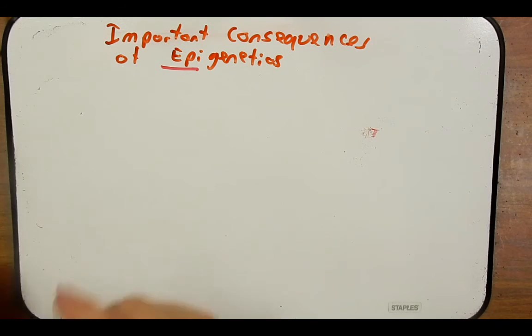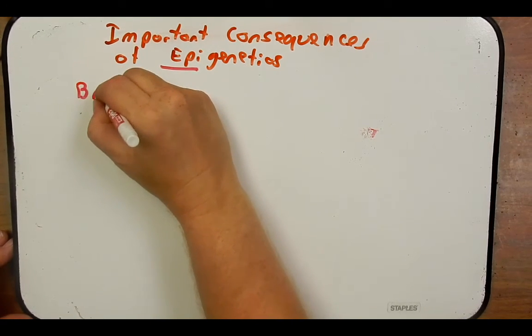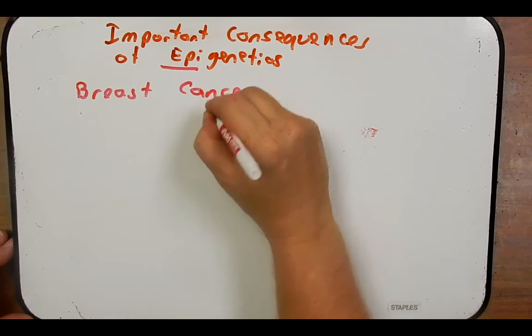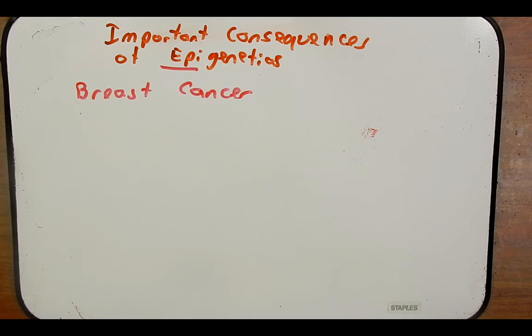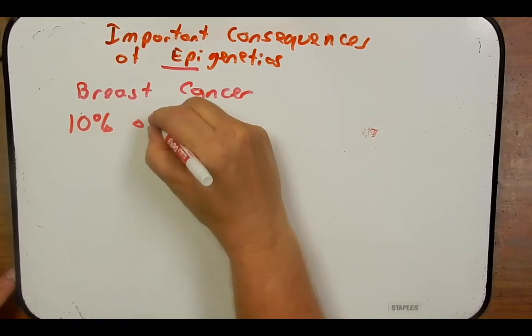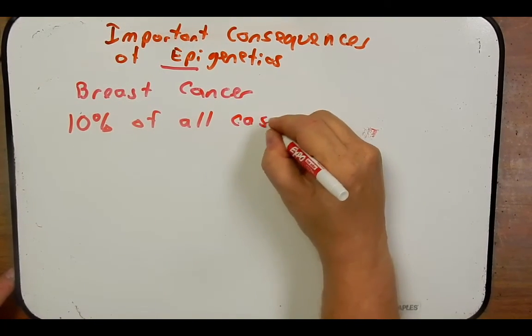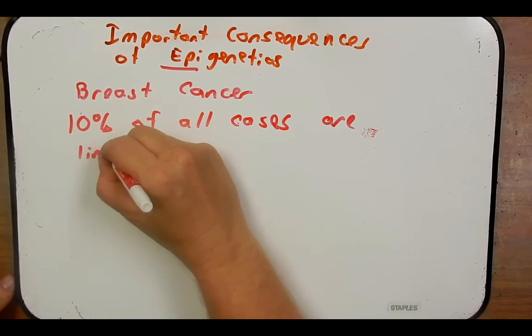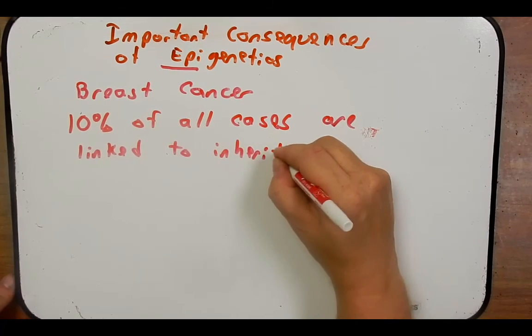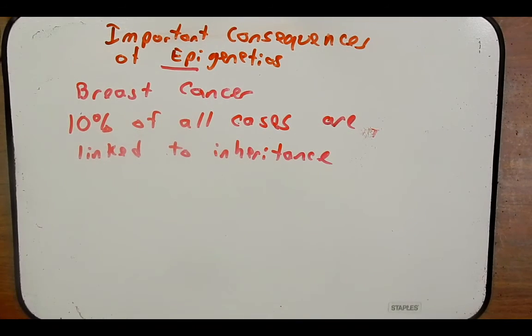The other example that your book brings about is breast cancer. We know that a very small percentage of people with breast cancer have an inheritance pattern, meaning that about 10% of all cases are linked to inheritance, meaning about 10% of the cases they will have a mother or a father who have also had breast cancer, or maybe a grandmother or an aunt that had breast cancer.